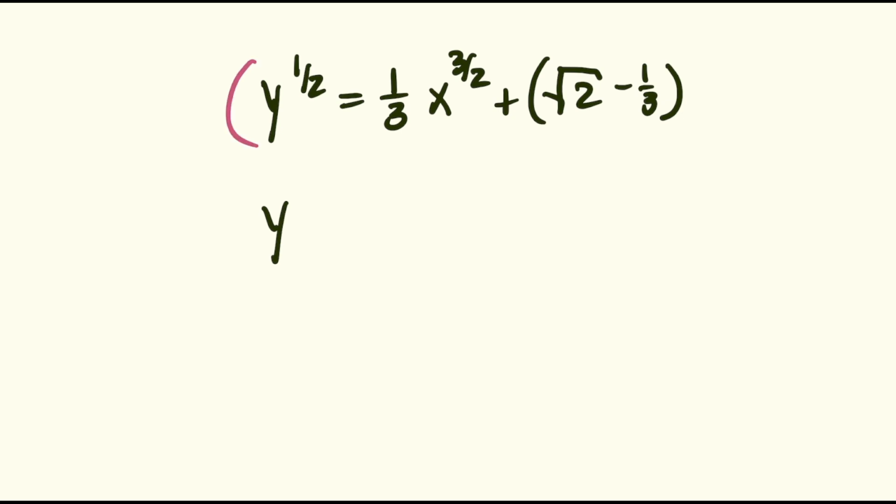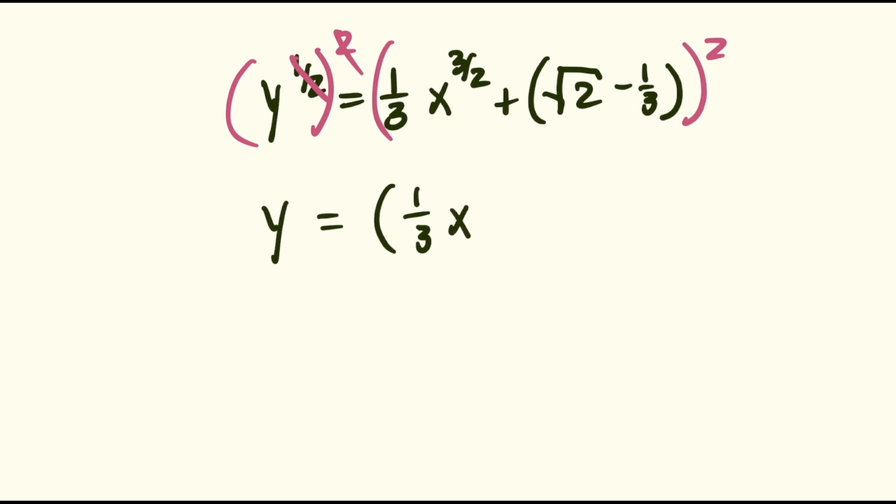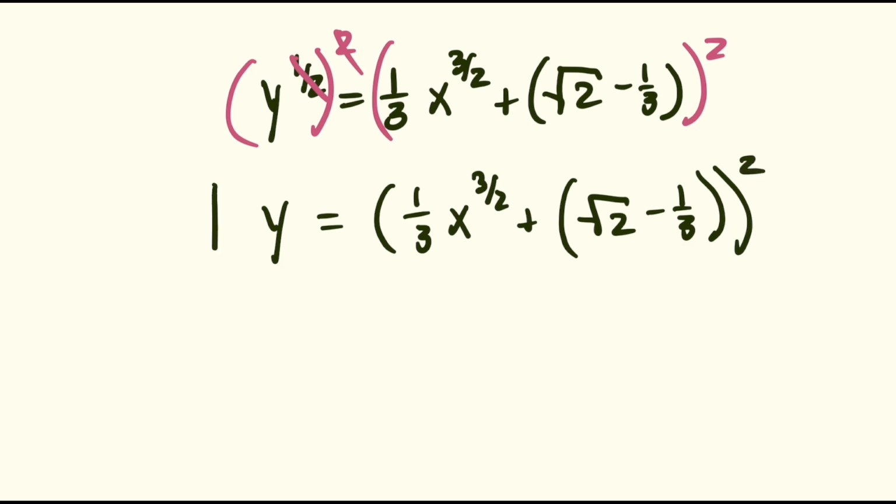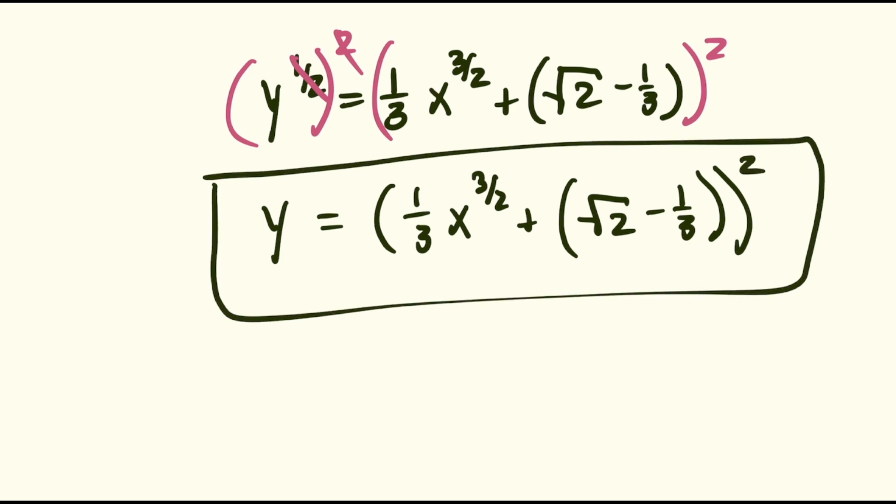So if we square the left-hand side and the right-hand side, on the left-hand side, our 1/2 and our 2 are going to cancel out. And on the right-hand side, we will see 1/3 x to the 3/2 plus root 2 minus 1/3 quantity squared. And there is the exact solution to our differential equation. Thank you for listening.